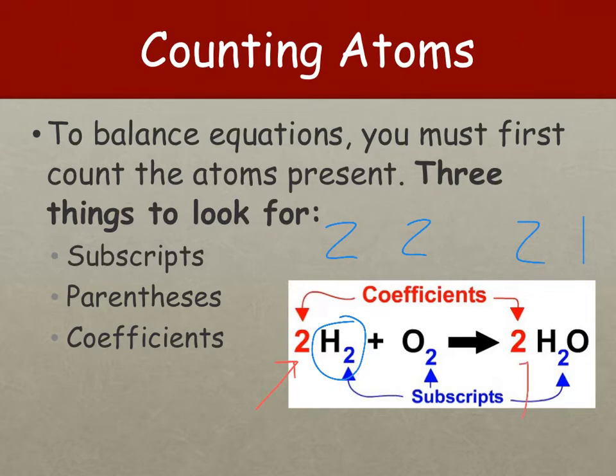The number 2 here tells us I have 2 water molecules. And inside the water molecule, there are 2 hydrogens and 1 oxygen. So now that we have our coefficients out front, we now have 4 hydrogens there, 2 oxygens there, 4 hydrogens here, and 2 oxygens. So now we have the correct number of each element, which is the whole purpose of balancing.